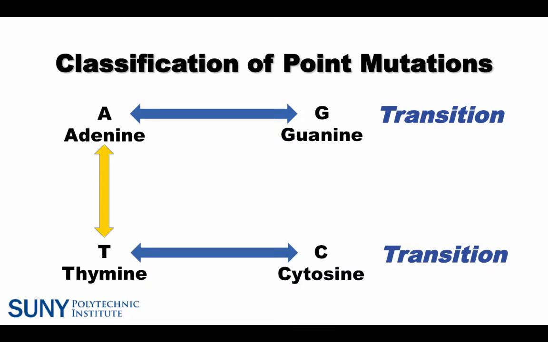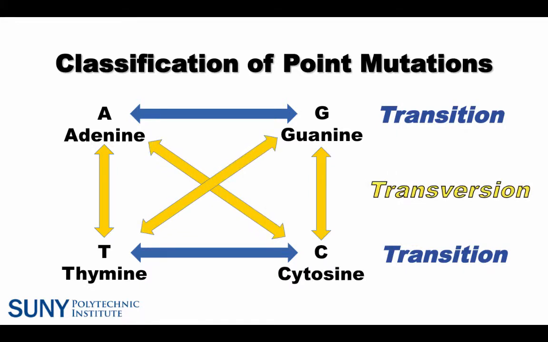So a transversion occurs when, for example, thymine is converted to adenine, or adenine is converted to thymine, or when adenine is converted to cytosine, or cytosine to adenine, or when guanine is converted to cytosine, or cytosine to guanine, or when guanine is converted to thymine, or thymine to guanine. In short, the blue arrows represent transition mutations, and the gold arrows represent transversion mutations.